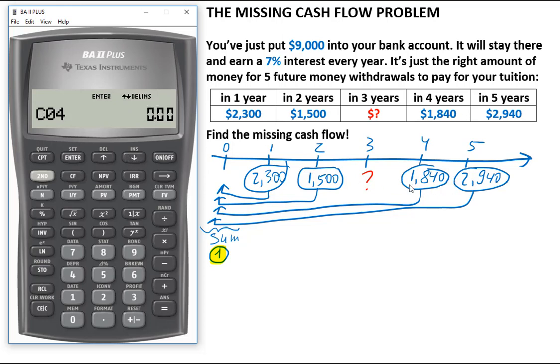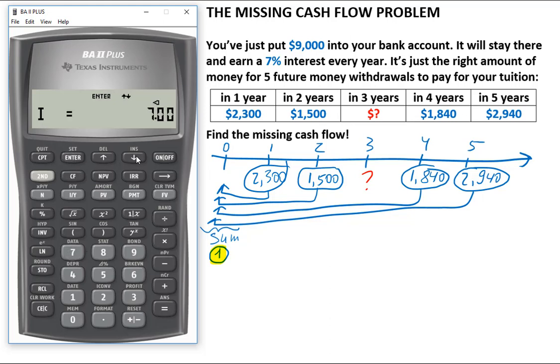And then input the remaining 2 amounts for years 4 and 5. 1,840. Enter, down, down. 2,940. Enter, down, down. We are done. Now press NPV. Change the interest rate to 7% per year. 7.